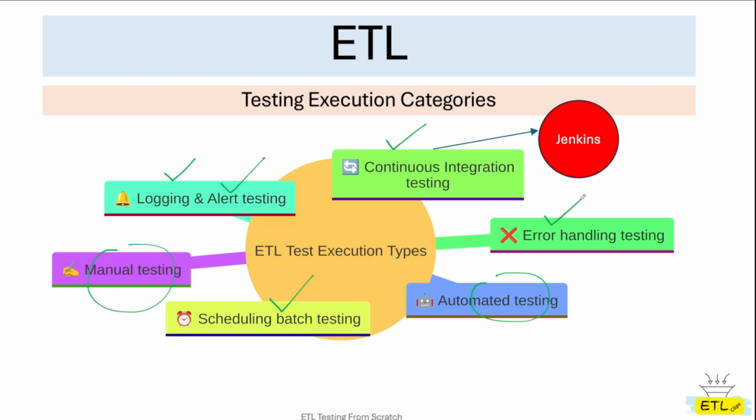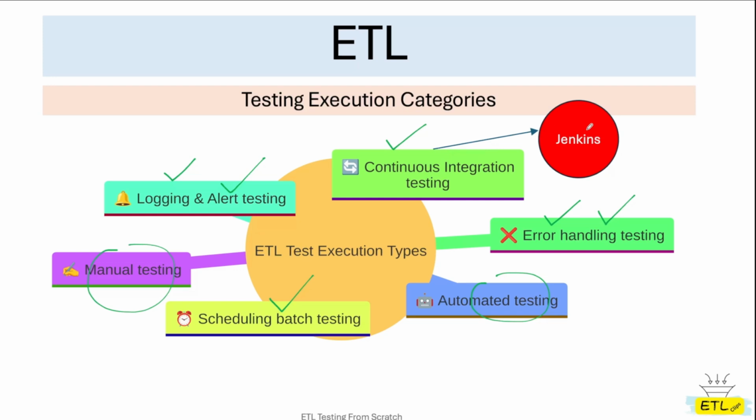If bad data comes or something goes wrong in the transformation, how the error is handled, whether the record is filtered, the record is rejected, or the record ends up in the DL queue, which is the dead letter queue. We'll cover all this separately: what is a DL queue, how it is designed, what's the purpose. But for now, try to understand that error handling is to be tested.